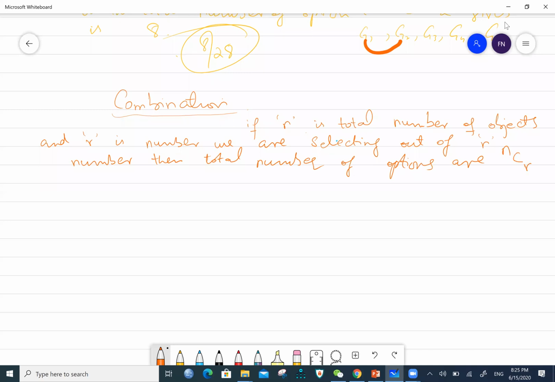This is called combination. nCr is n factorial divided by r factorial times (n minus r) factorial.